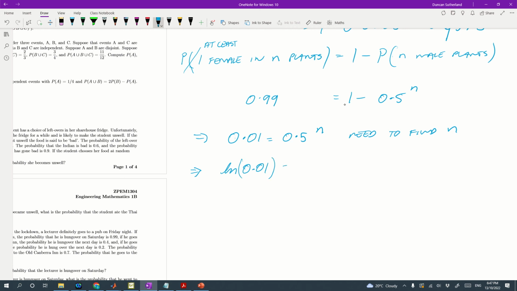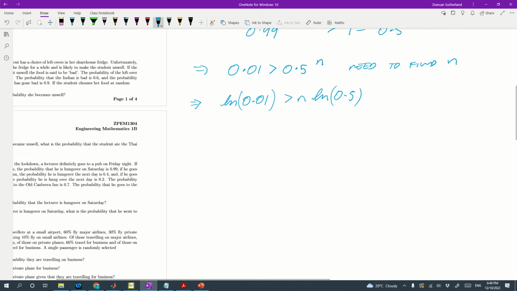We take the logs to get the n down in an easily manipulated way. Sorry, this should be an inequality, because we want it greater than 99%.